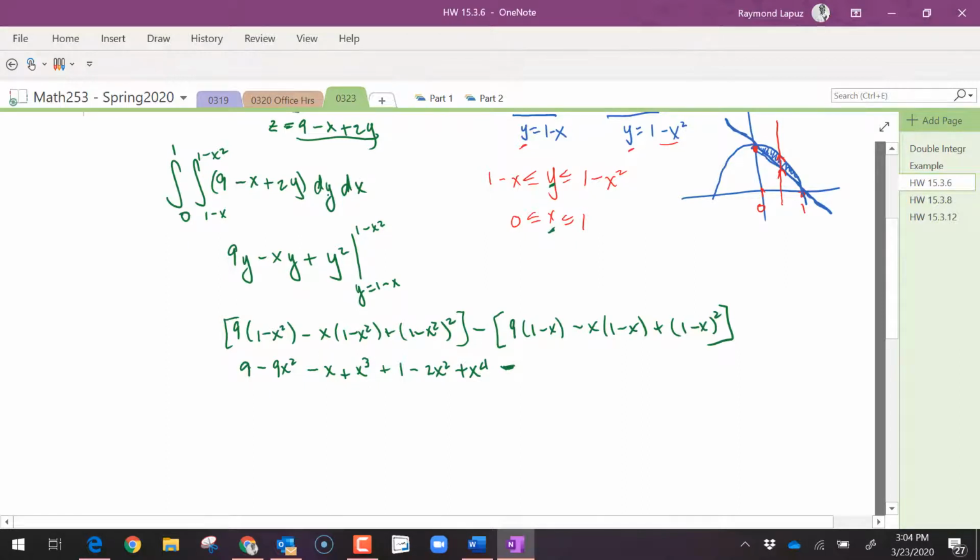And then we have a big negative sign here. Let's see if we can just distribute as we go along. It'll be 9, a negative, and a negative is a positive, 9x. Negative, negative is a positive. This would just be x. Now there's a negative, and a negative.